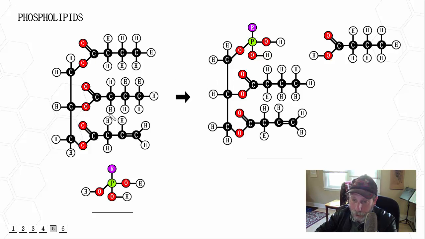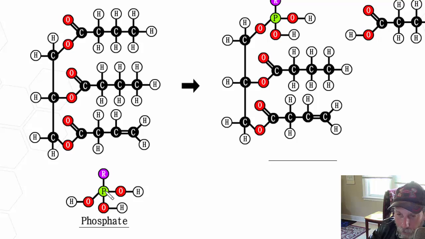And now, let's do some labeling here. This molecule down here is called a phosphate group. So let me just do that, phosphate. Go ahead and label that. It's got a phosphorus atom, and it's got its 3 hydroxyl groups, and you will have seen this before in the functional groups.